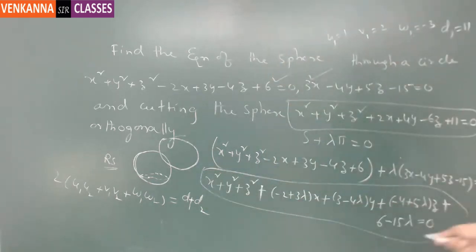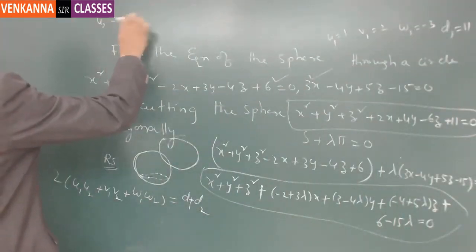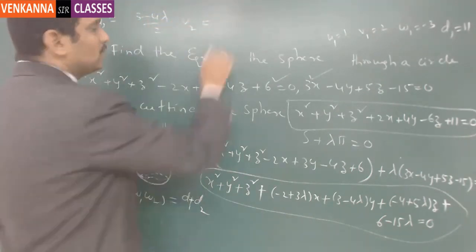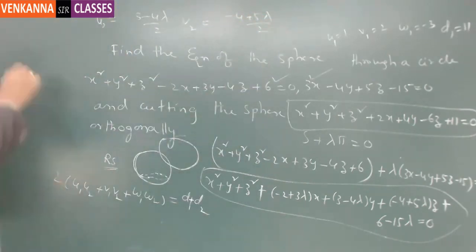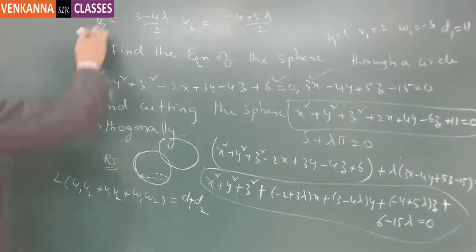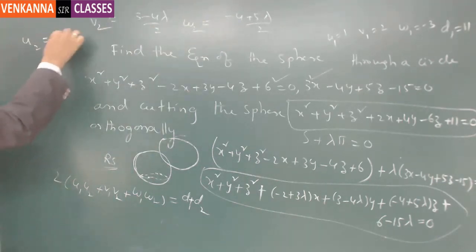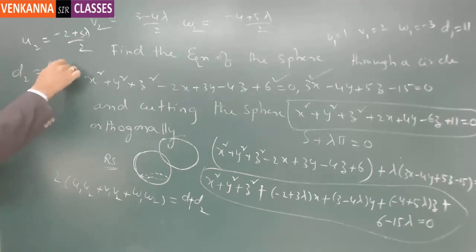In this sphere also, if you calculate the values, u2 is equal to minus 2 plus 3λ by 2, v2 is equal to 3 minus 4λ by 2, w2 is equal to minus 4 plus 5λ by 2, and the constant d2 is equal to 6 minus 15λ.